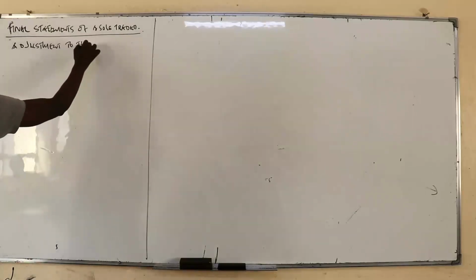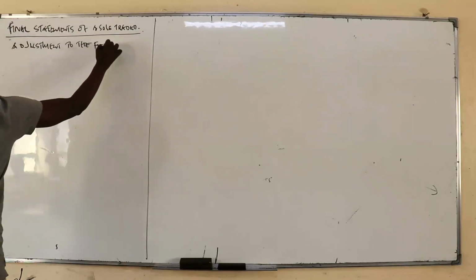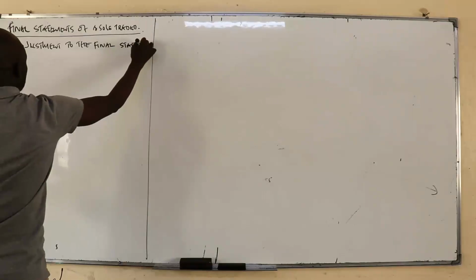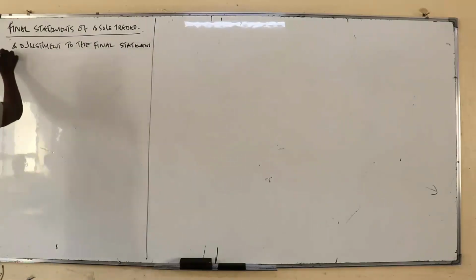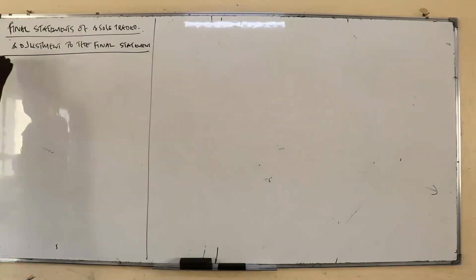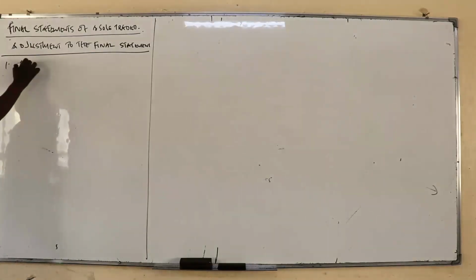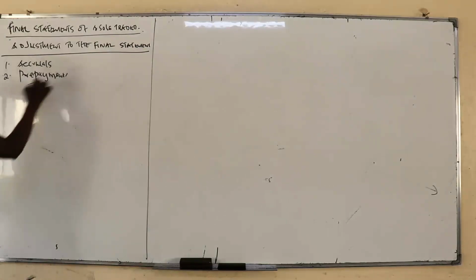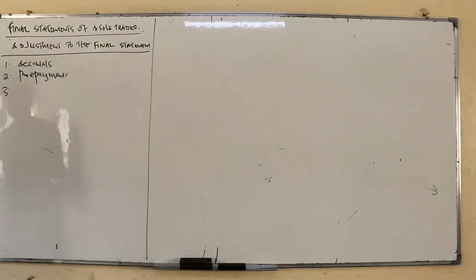To the final statements. So we have these adjustments that you need to know. Number one, we're talking about accruals. Number two, we're talking about prepayments. Number three, we're talking about bad debts.